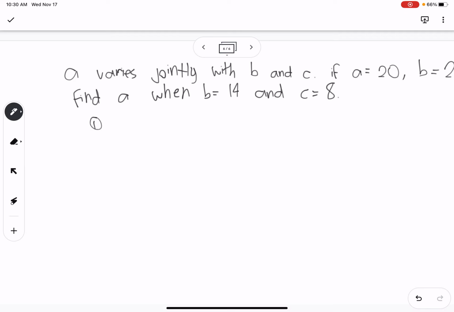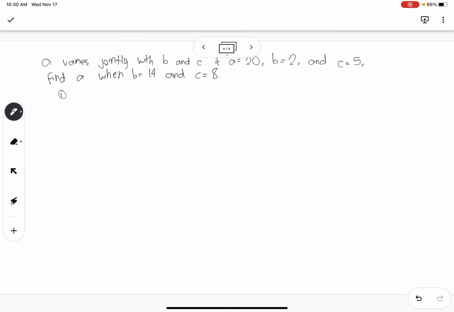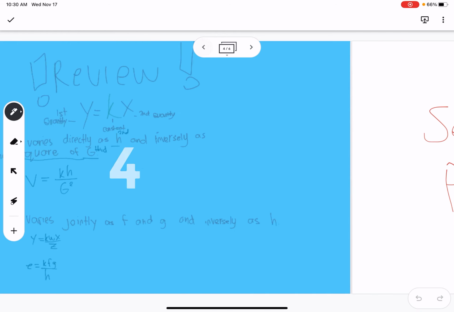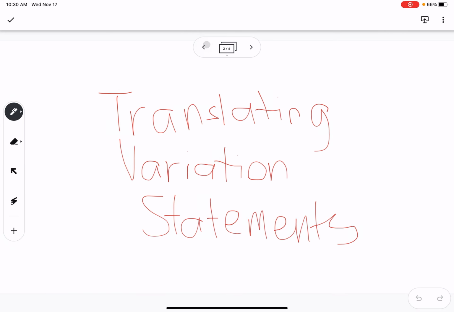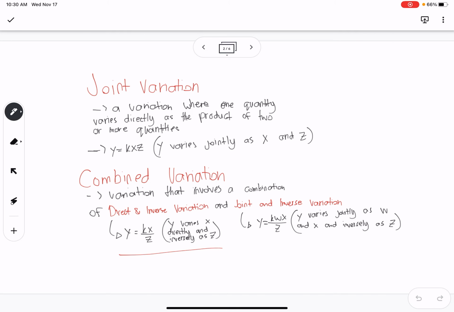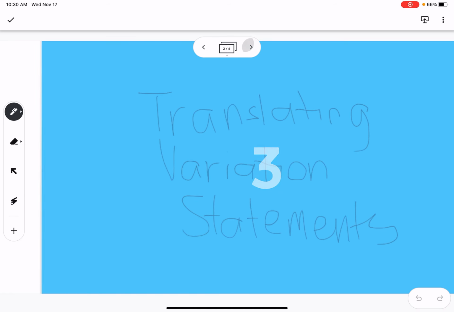A varies jointly with B and C. Let's check our little slide here to see which one it is. It is a joint variation.